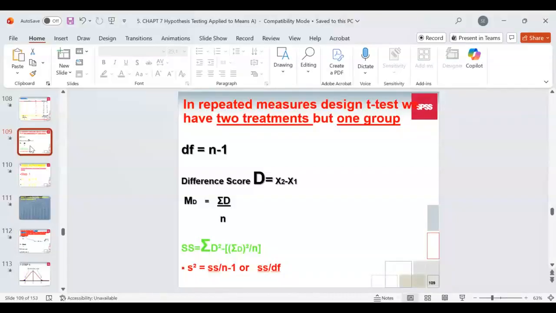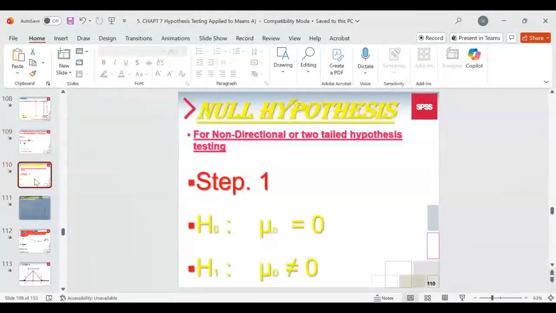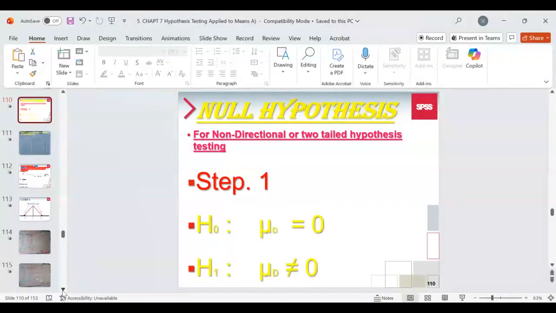So in a repeated measures design t-test, we have 2 treatments, but 1 group. We test them twice, but it's the same group. And again, DF is n-1. Okay, SS, those are the formulas, and we already went over all that. Let's test our hypothesis, and then we go over that slide.